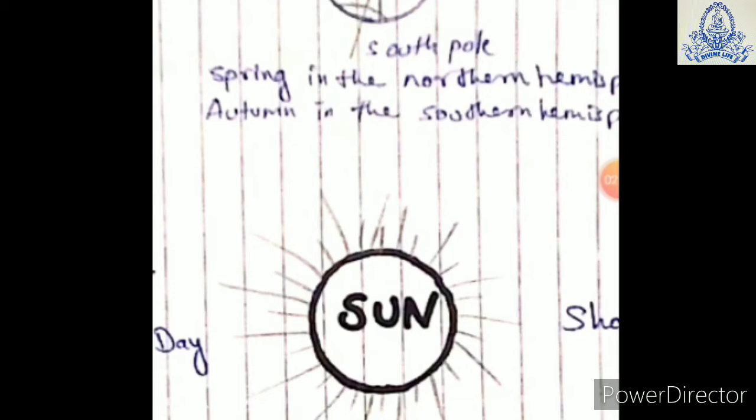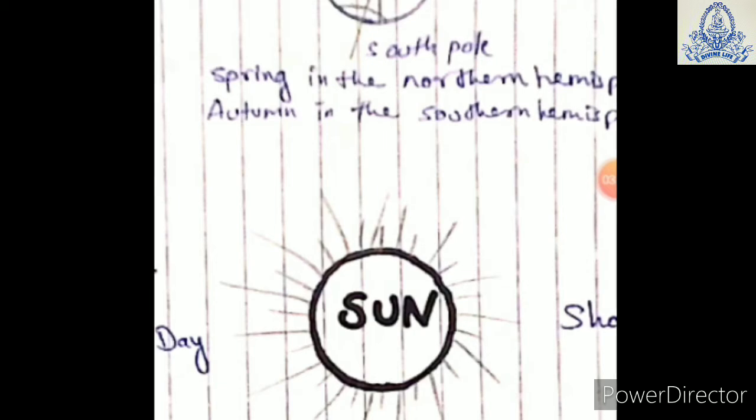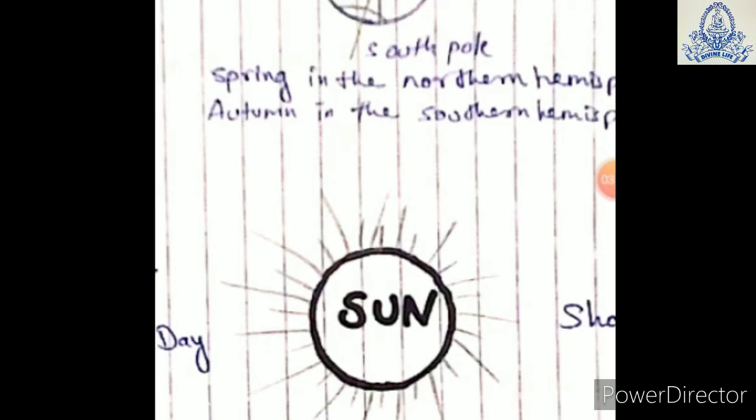That means this is the phase when the earth is getting equal day and equal night. So here the spring season will be in the northern hemisphere and autumn season in the southern hemisphere.